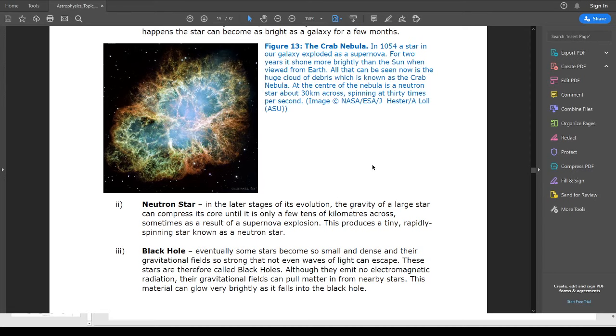But if the original mass of the star is much higher, for example 25, 30, 40 solar mass, then the mass of the core remnant will be approximately 5 solar masses. So the mass of the core remnant depends on the original mass of the supermassive star from which the supernova occurred. I hope that answers the question.